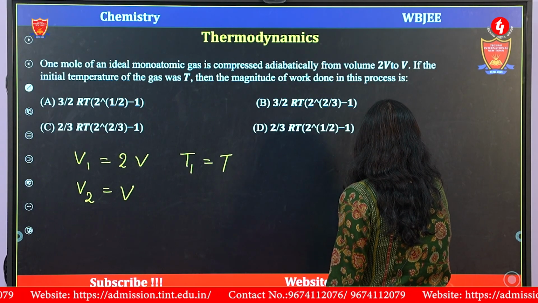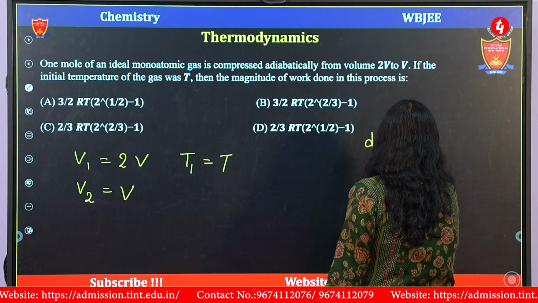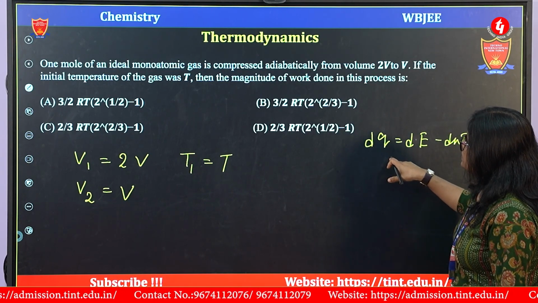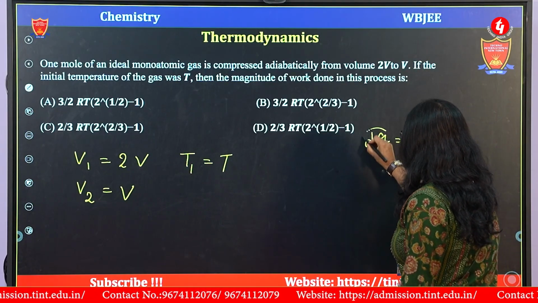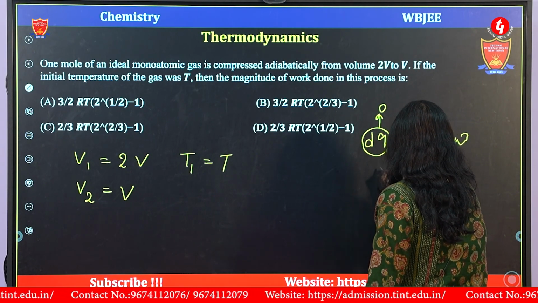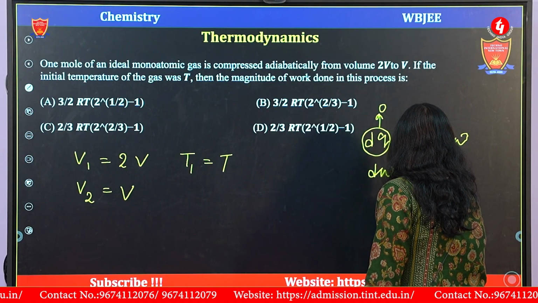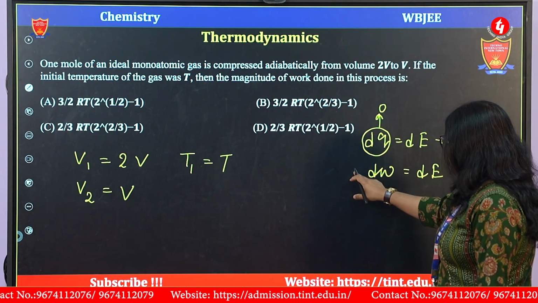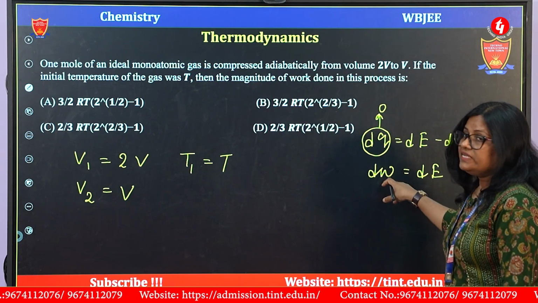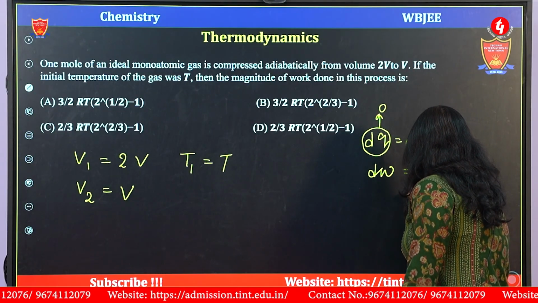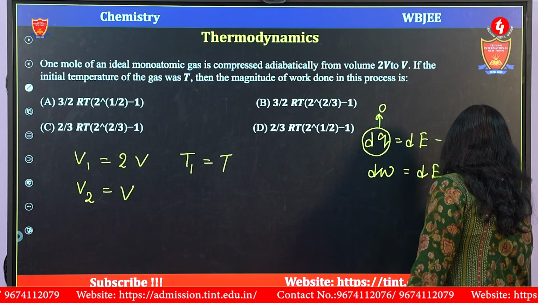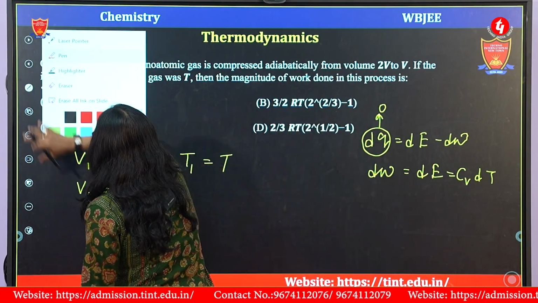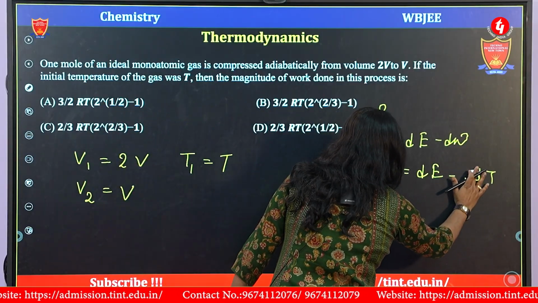We know from the first law, dq equal to dE minus dW. As the process is adiabatic, dq is equal to 0. So, we can say dW is equal to dE. Here compression occurs, so we will not take the negative sign, we will take dW equal to dE, and we also know this is equal to Cv dT. So, total work done, what will be the total work done?